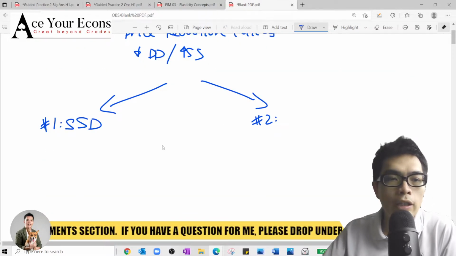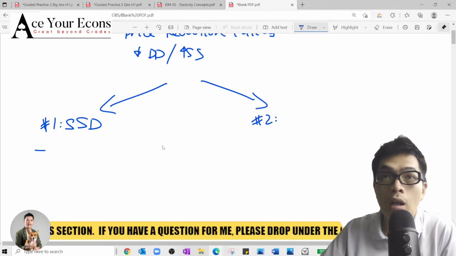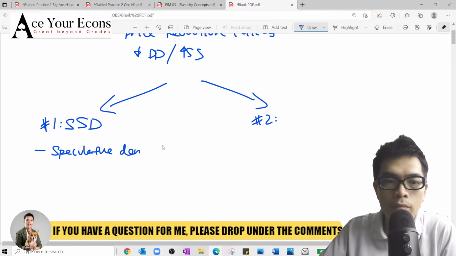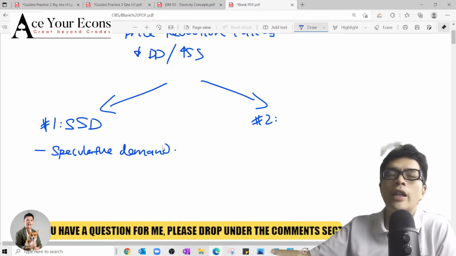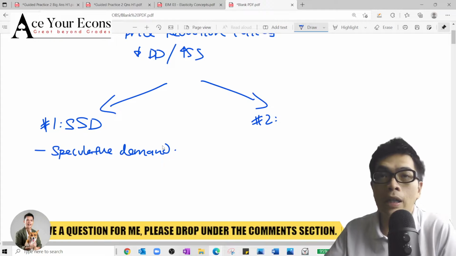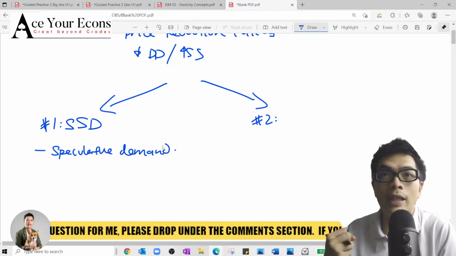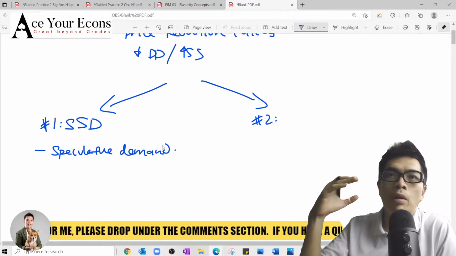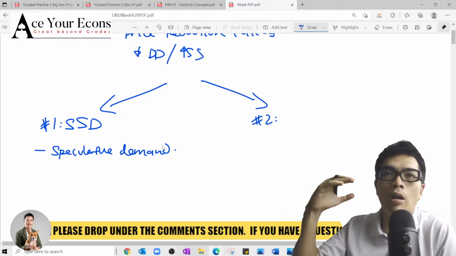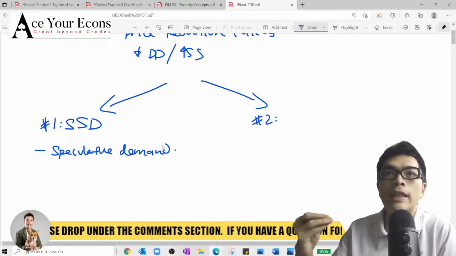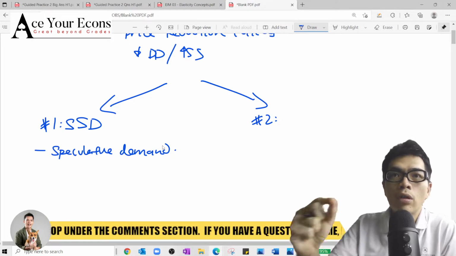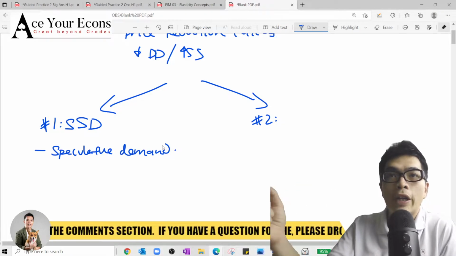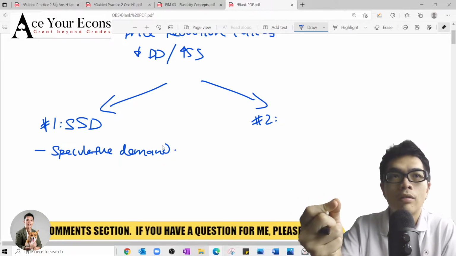These are used to address or to reduce speculative demand. Earlier we mentioned that there could be speculative demand in anticipation of higher future price, so buy now. Now with a seller stamp duty, it will inhibit or lower demand by penalizing immediate selling of the flat. If you know that if you sell the flat within 1 year you're going to incur a higher tax, would you buy now today?